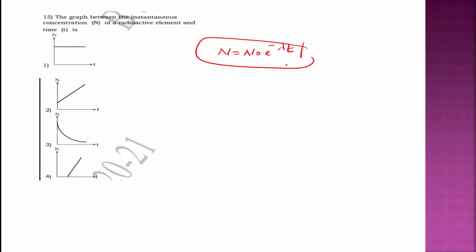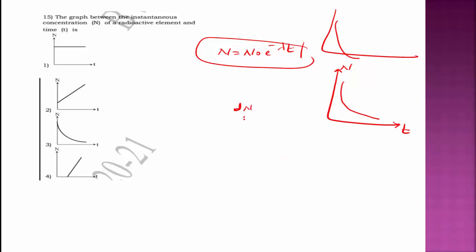We know the exponential curve here. This curve cannot touch this line. When you draw the graph between N versus t, it gives N decreases exponentially with time. Or here dN divided by dt is equal to minus lambda into N. Option 3 is the right answer.